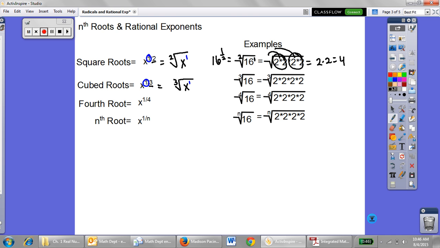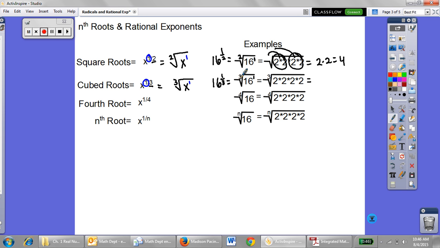Now using the number 16 again, we have 16 to the 1/3, which is written as the cube root of 16. Again, the 3 is here, so it's the cube root, and this 1 is actually right here. So 16 breaks down to 2 times 2 times 2 times 2.